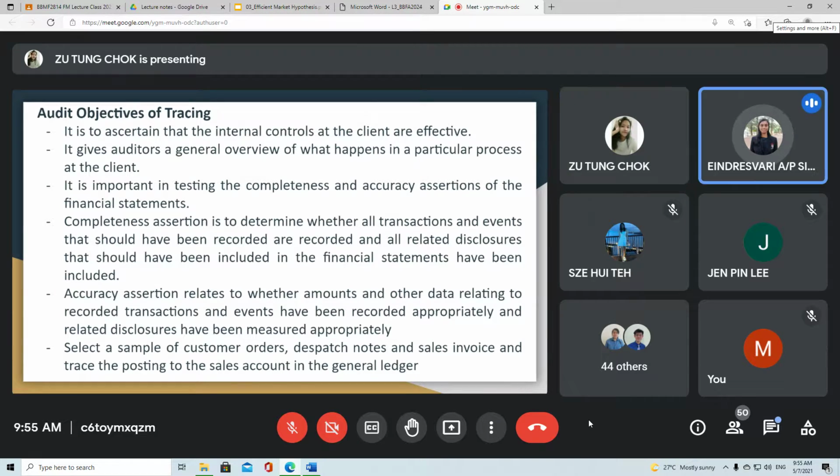What is the purpose? To ensure the transaction record is complete.